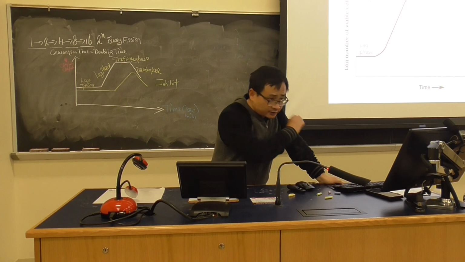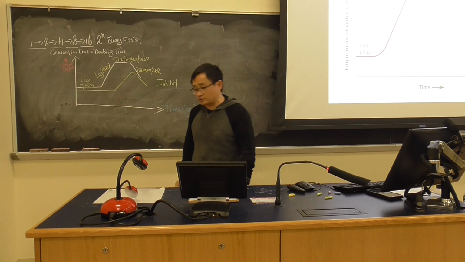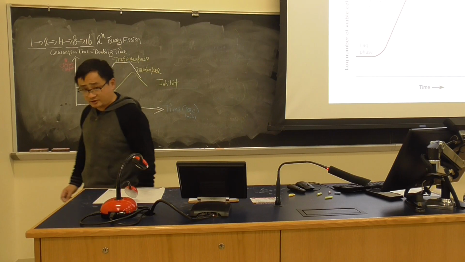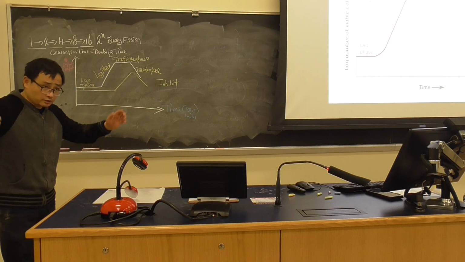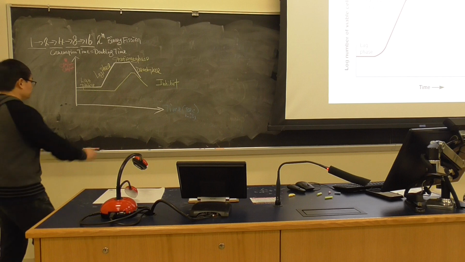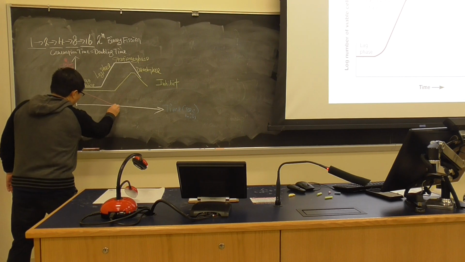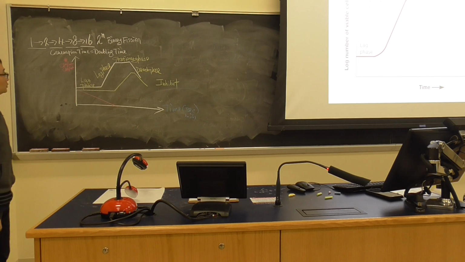But if you use antibiotics, let's say they give you a pill of amoxicillin, you're going to kill bacteria. What does kill mean? The bacteria don't even go to log phase and stationary phase. They died at the log phase. That's called killing bacteria.